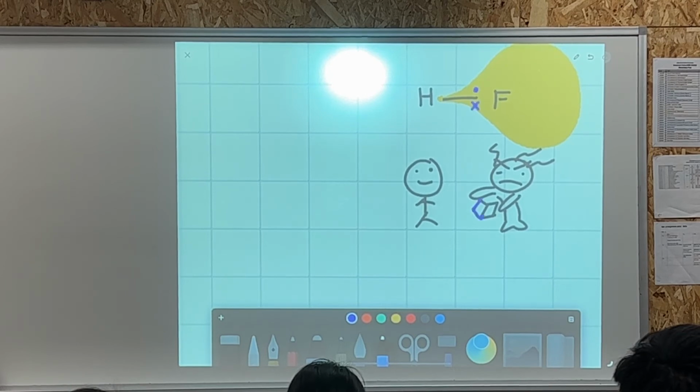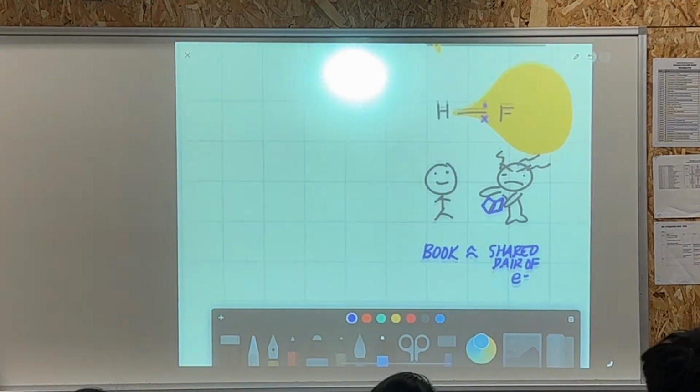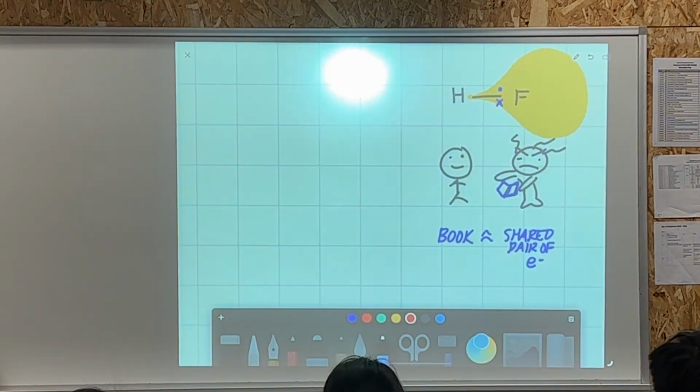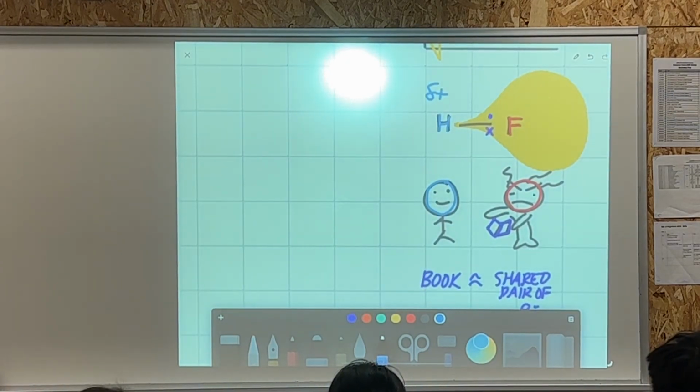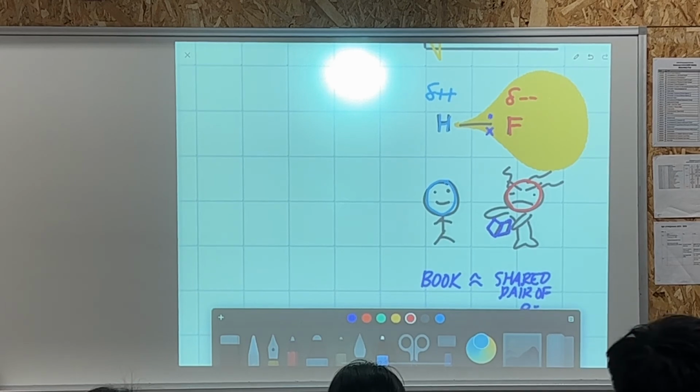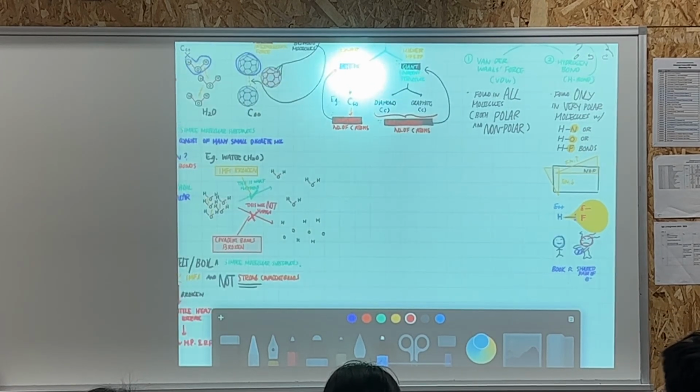You see this is a very aggressive atom, F, and this is a less aggressive atom, H. So this will make for a very positive hydrogen and a very negative fluorine. So you have hydrogen bond. We'll get to that shortly.